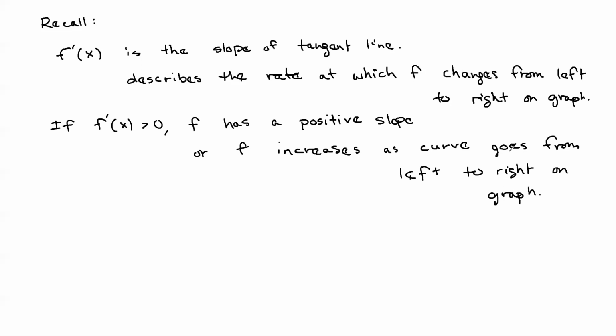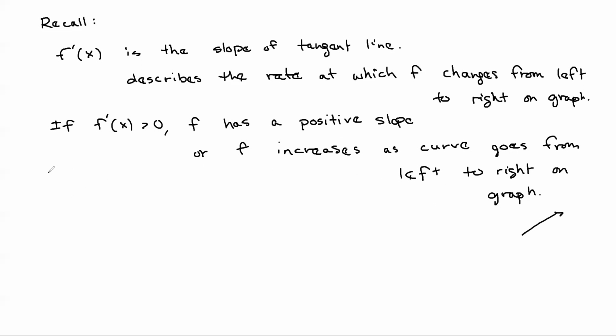This is a long way of saying that we know the shape goes upward as we go from left to right. So we're going to take the second part more than the positive slope, and we're going to use that.